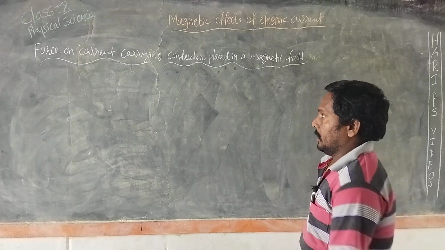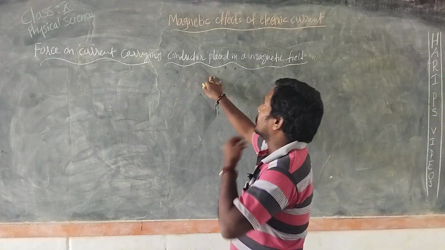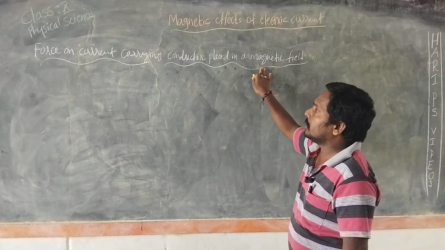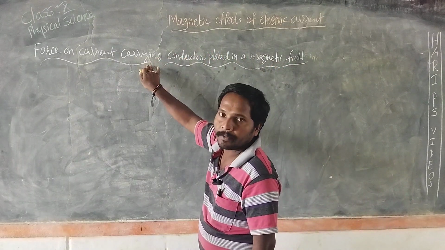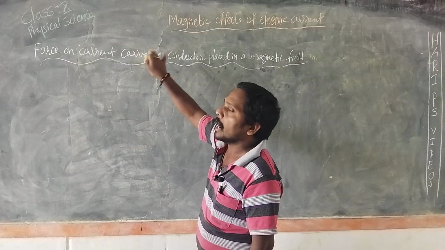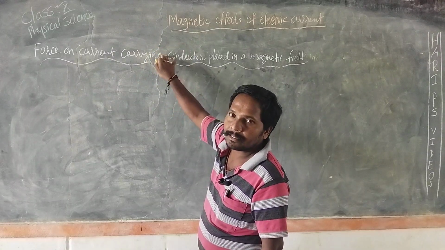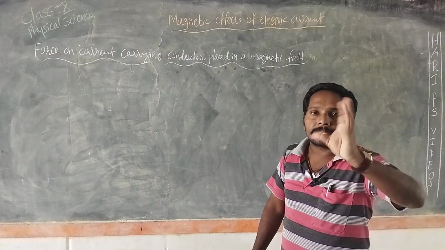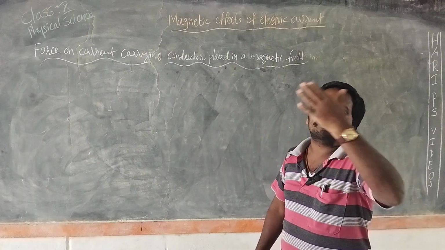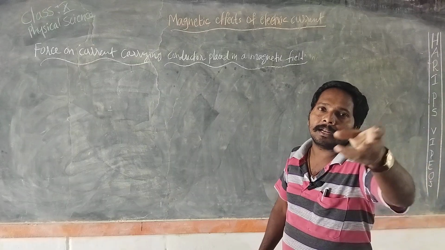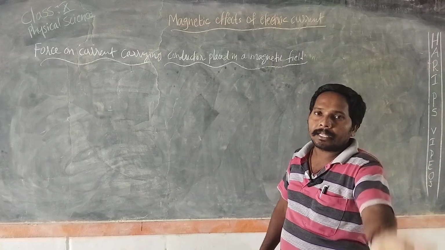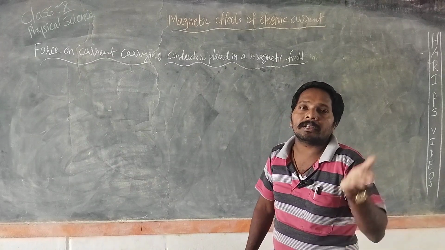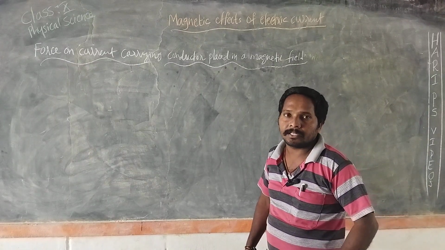It means that when a current carrying conductor is placed in a magnetic field, the magnetic field applies some force on the conductor. So the screen is distorted when we place a bar magnet near the TV screen, because the magnetic field applies some force on the electrons reaching the screen of the TV.